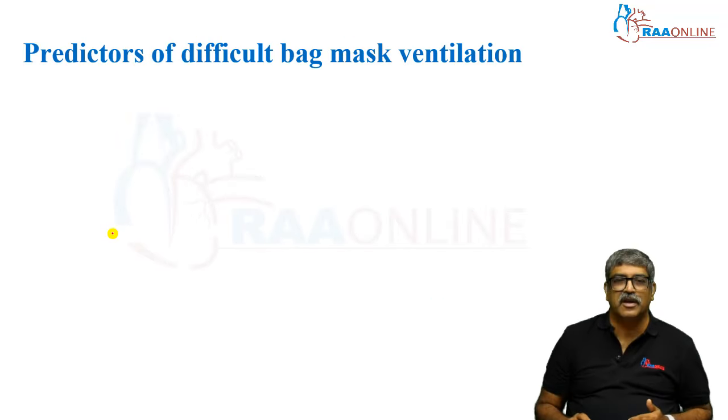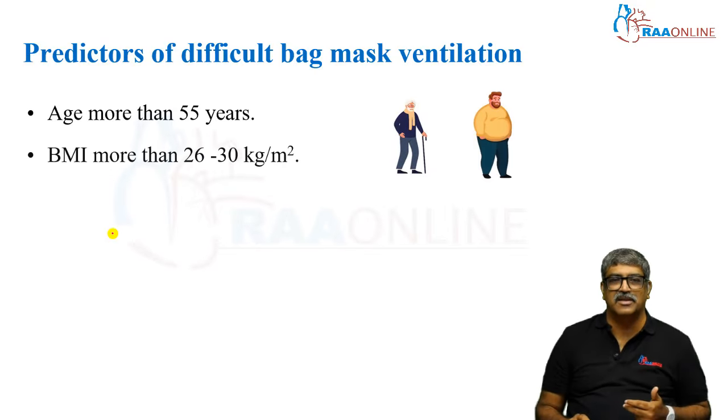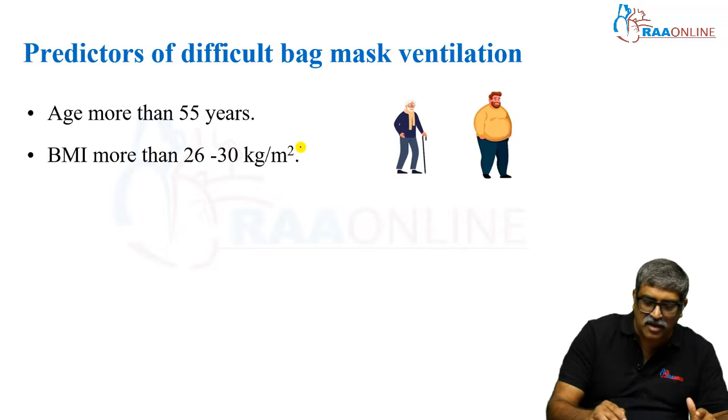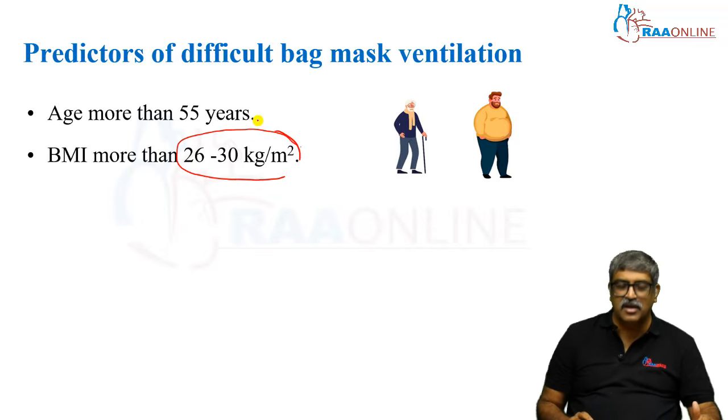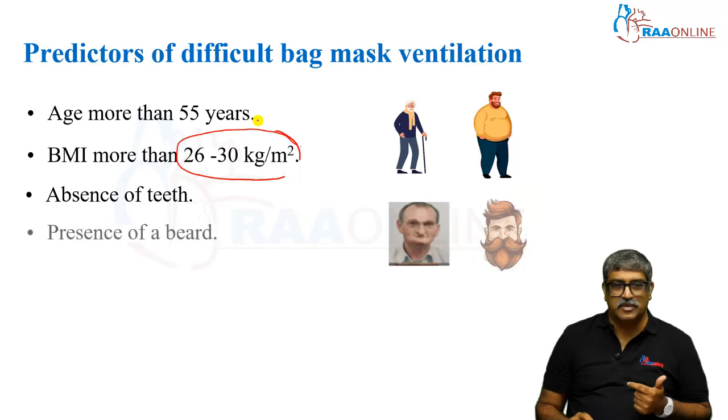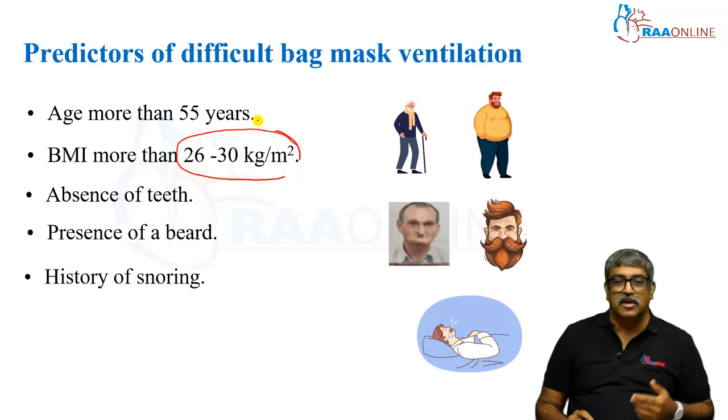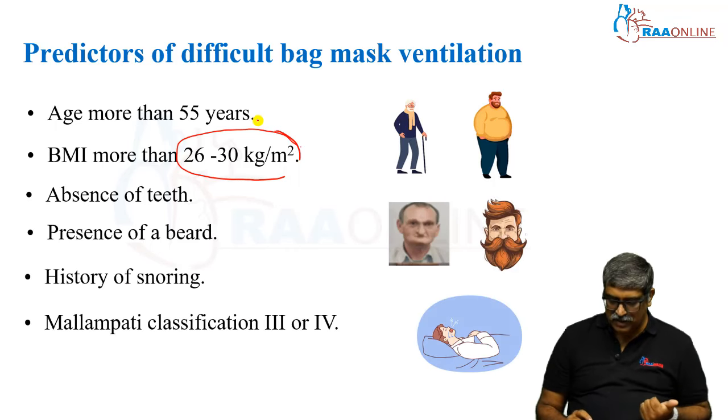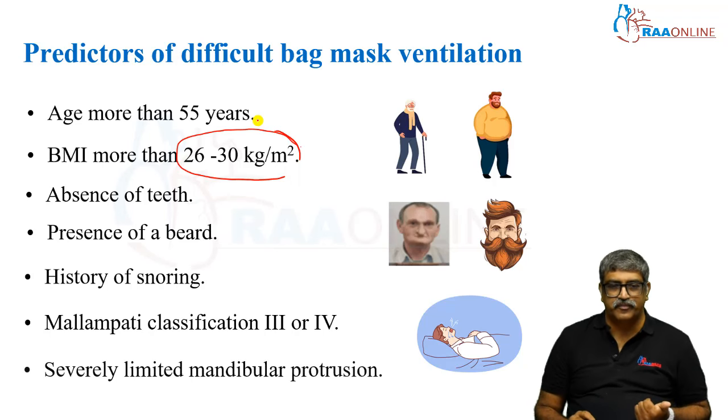Another predictor of difficult bag ventilation is elderly population, body mass index of greater than 26 to 30 kg per meter squared, edentulous, absence of teeth, presence of beard, history of snoring, Mallampati class 3 or 4.